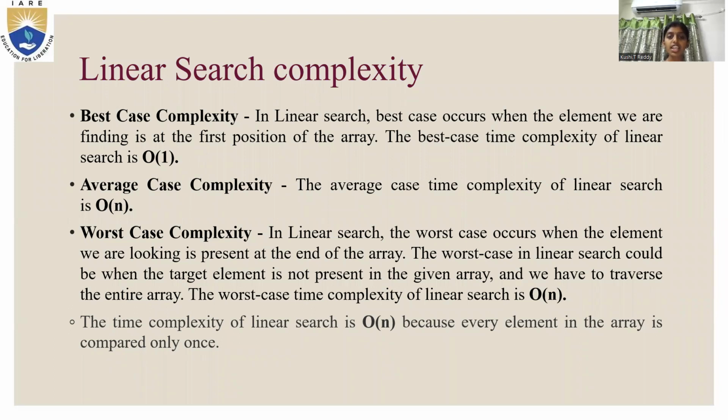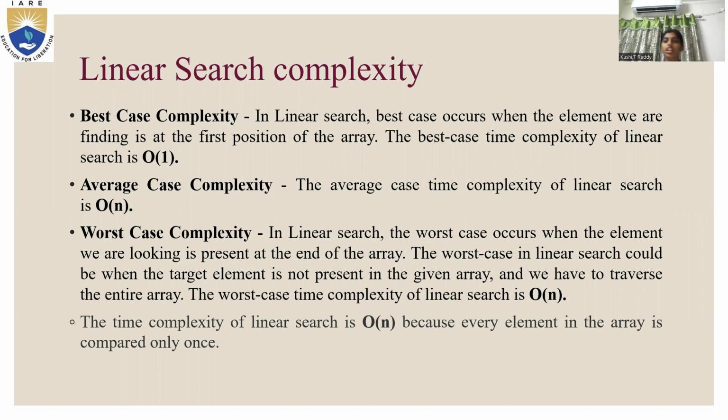Worst case complexity in linear search occurs when the element we are looking for is present at the end of the array. The worst case could also be when the target element is not present in the given array and we have to traverse the entire array. The worst case time complexity of linear search is big O of n. The time complexity of linear search is big O of n because every element in the array is counted only once.